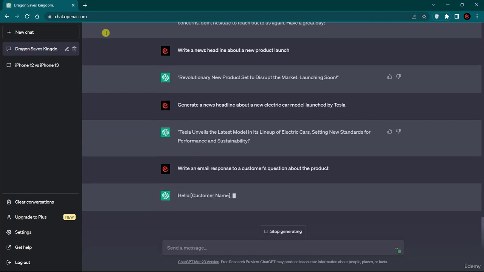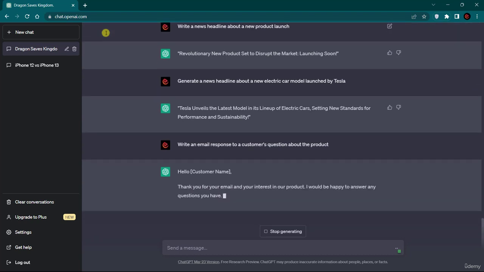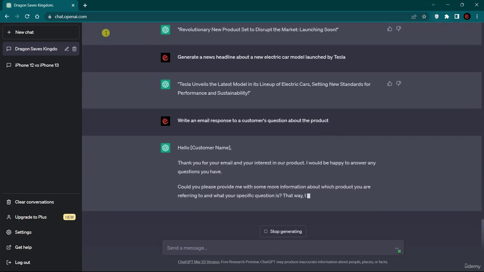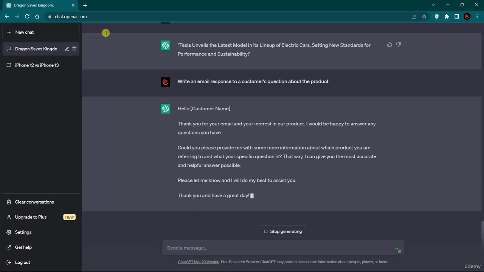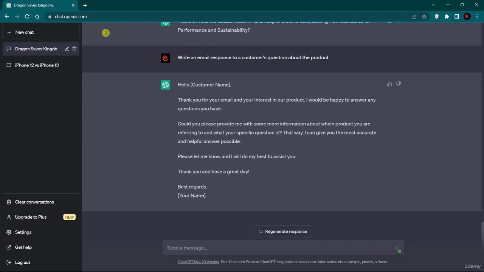Now, this is again not specific enough to generate some accurate response, right? So, a better prompt in this case would be something like, say, generate an email response to a customer's question about the price of new iPhone 13.